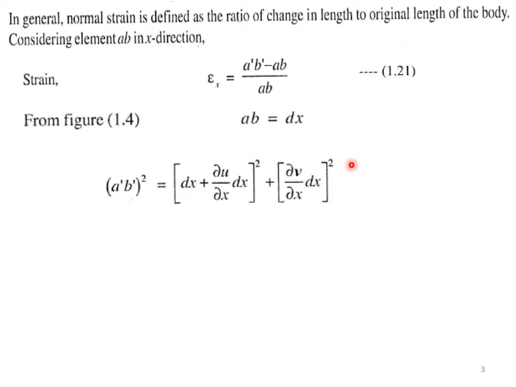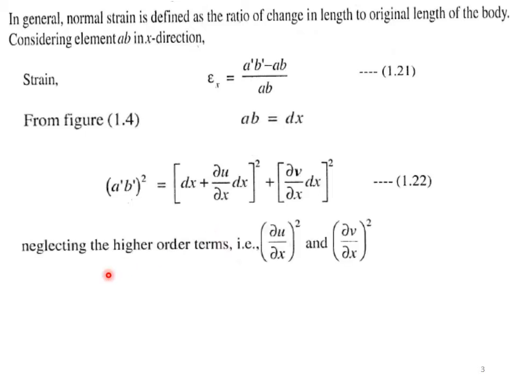Upon substitution, A dash B dash whole square is equal to dx plus del u by del x into dx whole square plus del u by del x into dx whole square. This is your equation number 2. What we do is we neglect the higher order terms, the del u by del x whole square terms.